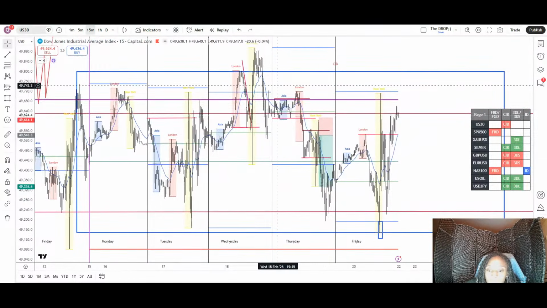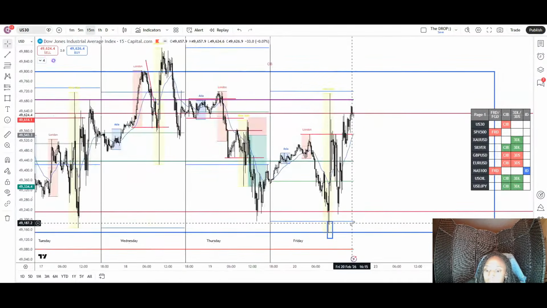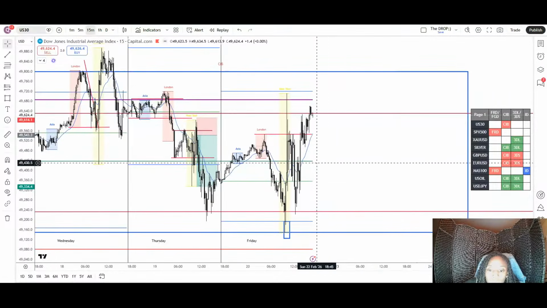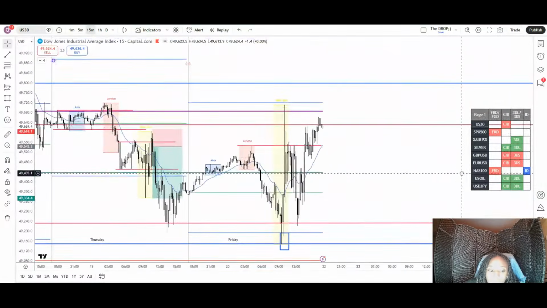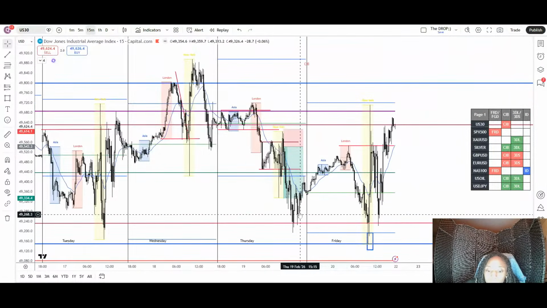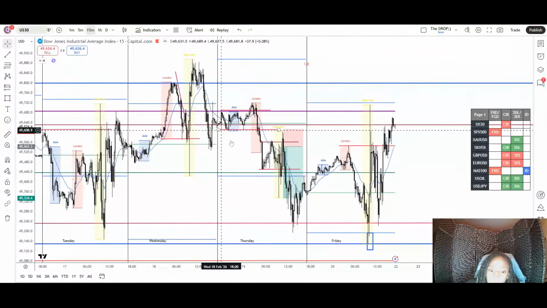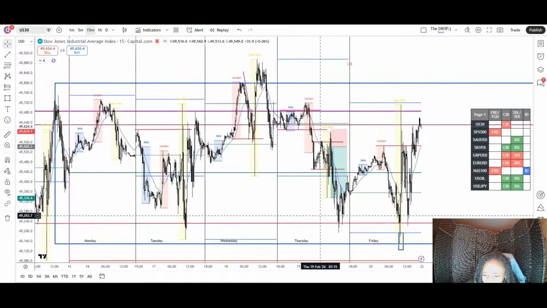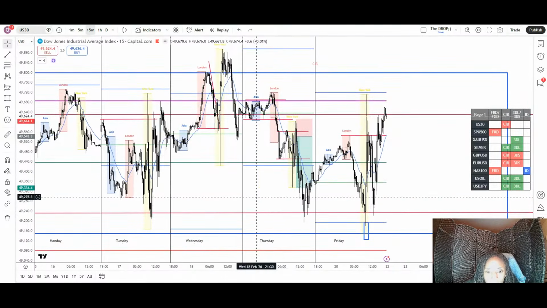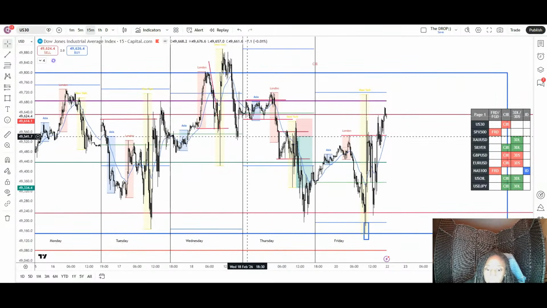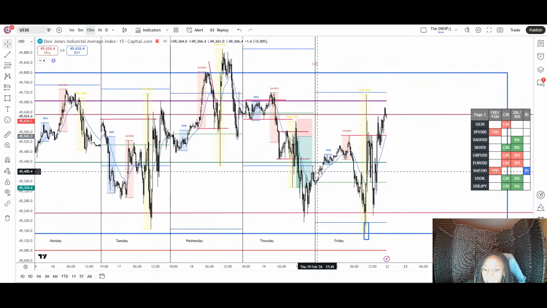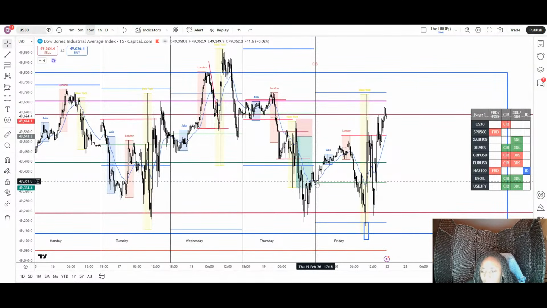The only reason why I don't like this setup right here is because I don't like that this closed in breakout.